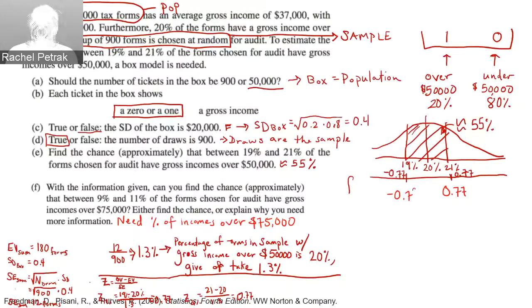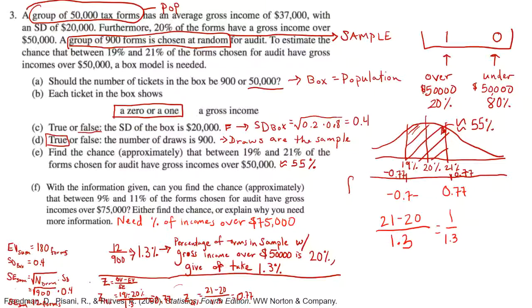Because when we found the standard scores down here, in the numerator we have a 1, but in the denominator we have 1.3. So this is 1 out of 1.3, or 0.77. Yes, we frequently do use the one standard unit, but it's not a guarantee.